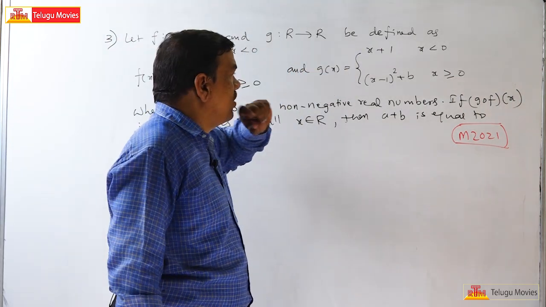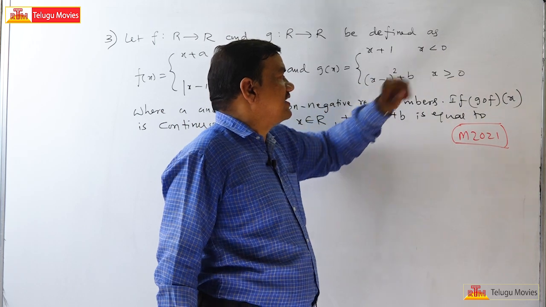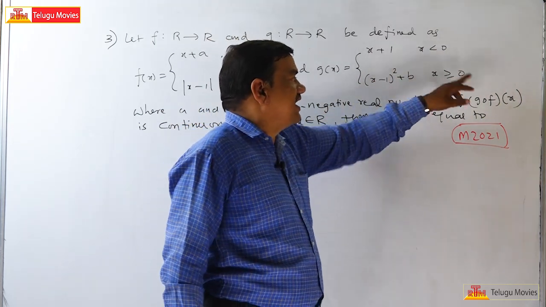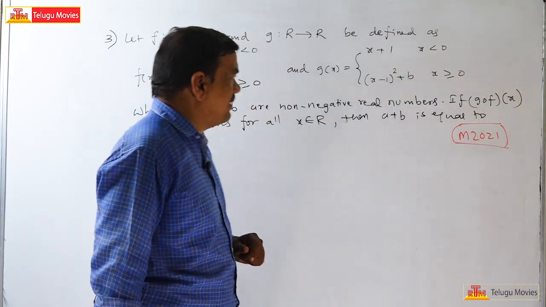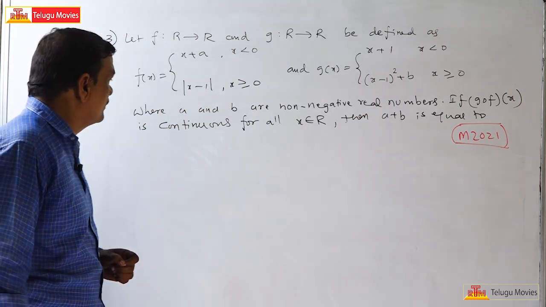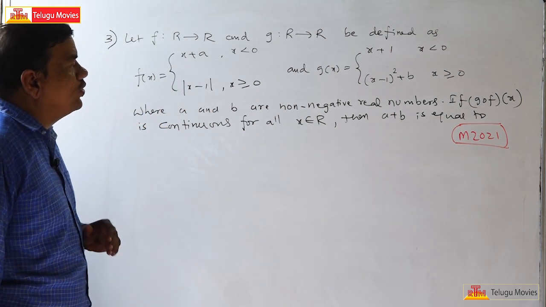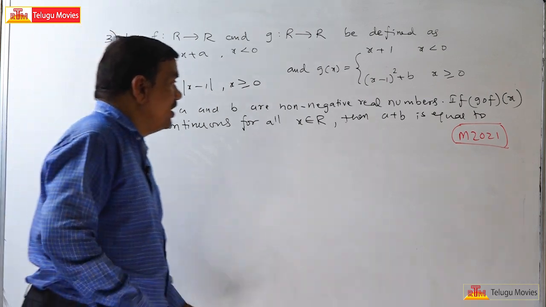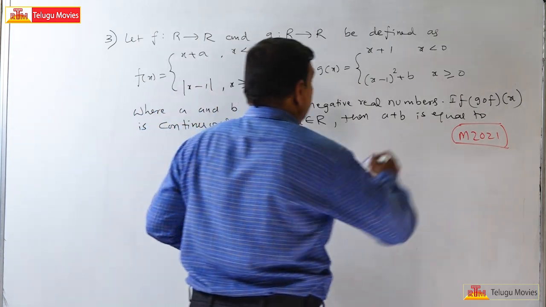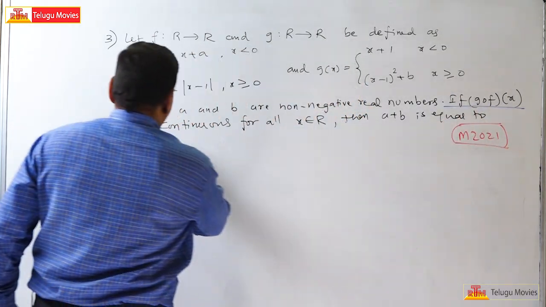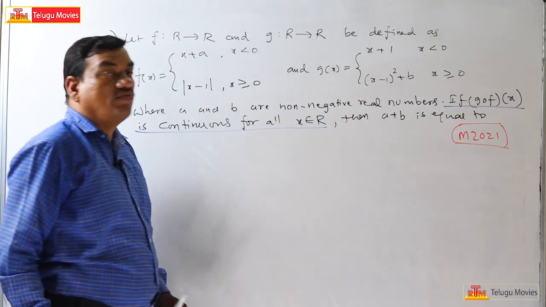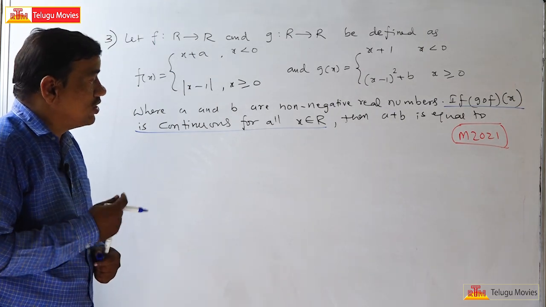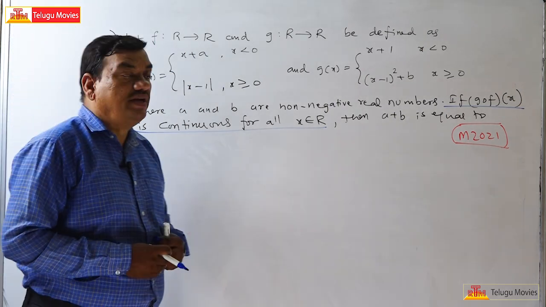Another function g of x is x plus 1 if x less than 0, and x minus 1 whole square plus b if x greater than or equal to 0, where a and b are non-negative real numbers. If g circle f of x is continuous for all x belongs to R, then a plus b is equal to.